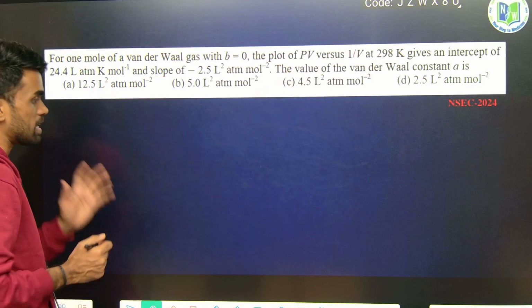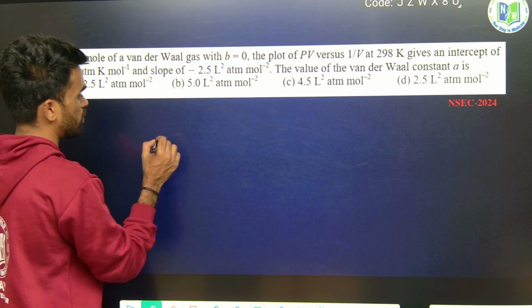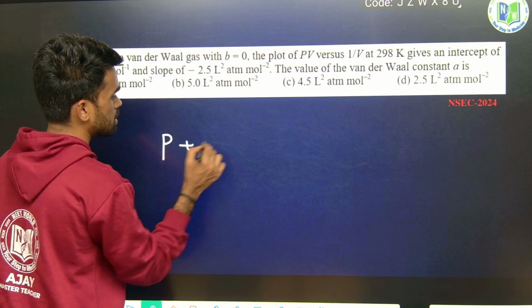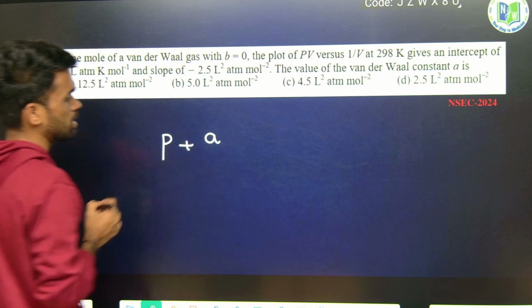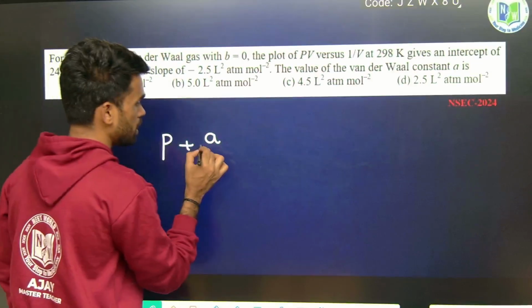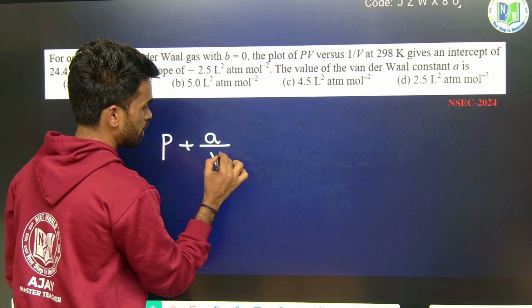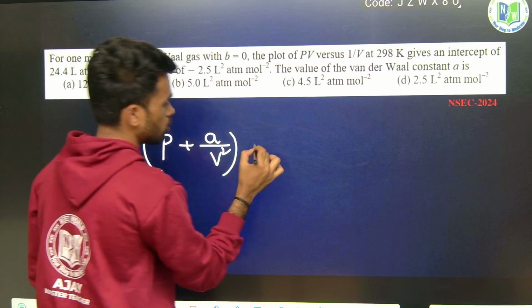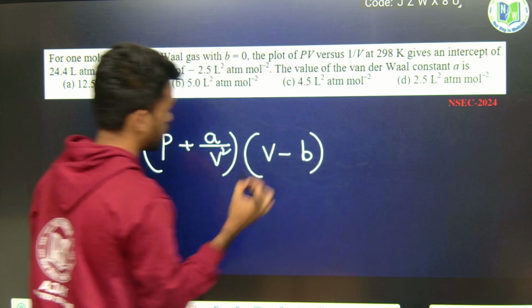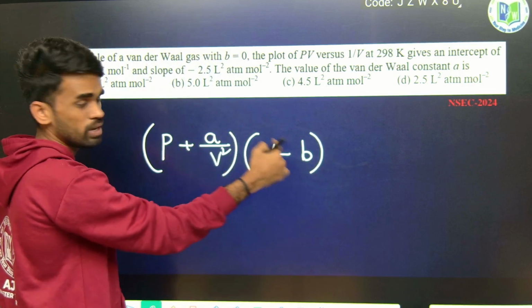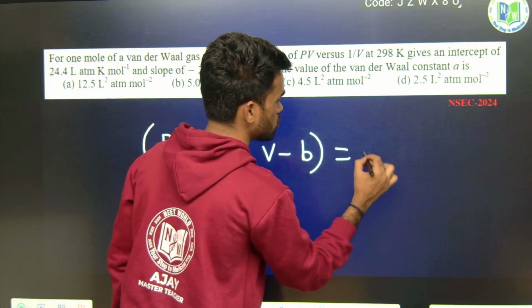First, just write the van der Waals equation for real gases. For n moles we take P plus A by V square into V minus B. This is for 1 mole; for n moles, it would be n square and n, and that is equal to RT.